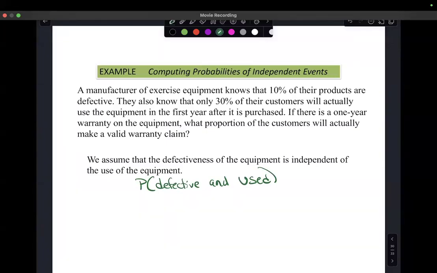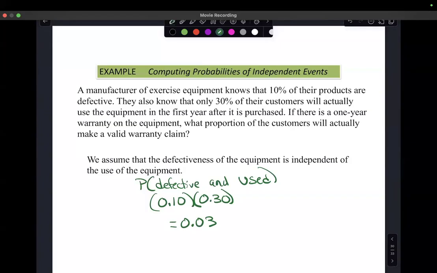We need to know the probability both of those things are true. So the probability it's defective is 0.10, so 10%. The probability that it was used by the customer is 30%. And you just math it out. And I know I can do this math in my head, but sometimes. So there's about a 3% chance that the product is defective and that the consumer used it within the first year.